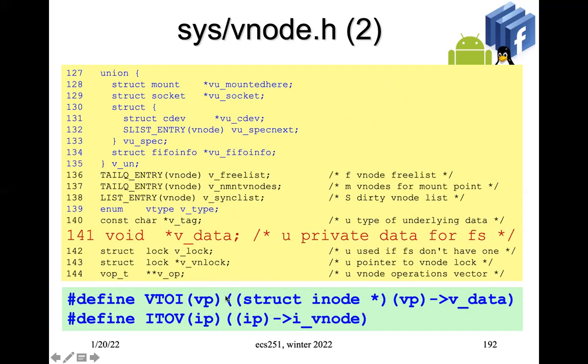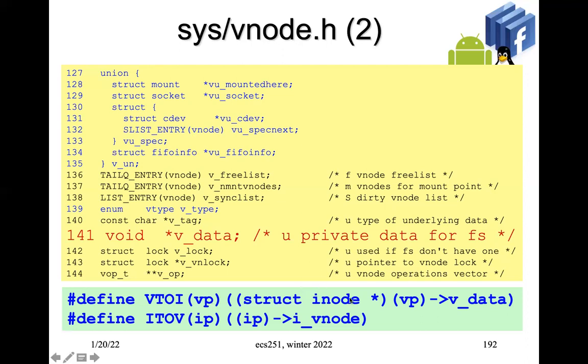If your vnode represents a local file system, meaning you're going to access a file on your hard disk, then that is a pointer to the inode structure in memory. Remember, this is a struct inode star. In the program this is the macro called V2I. How do you convert your vnode to inode?